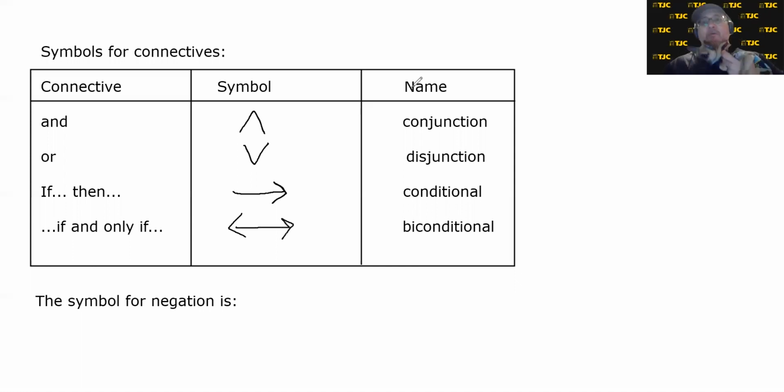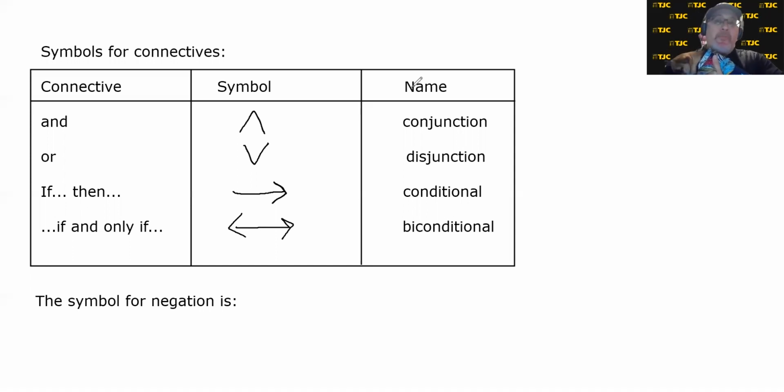You need to know these 4 symbols and the connectives that they represent and their names. But more importantly, you need to know that the up arrow means and, the down arrow means or, the arrow pointing to the right, I should say arrowheads for up and down, for and or. The arrow pointing to the right is the symbol for if then, and the double-headed arrow is a symbol for a biconditional.